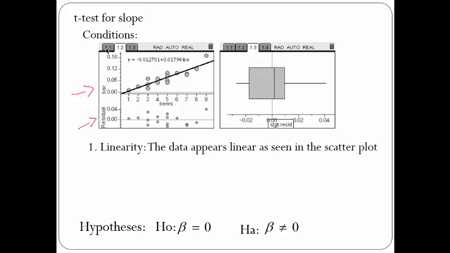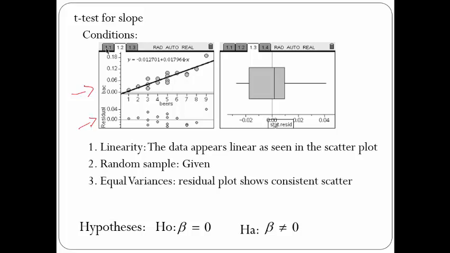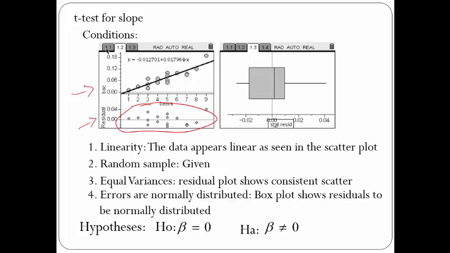That tells us a couple things. One, it looks like it's pretty linear. Look at the scatter plot. Random. We were actually told that we were randomly collecting this data. Equal variance. So look at the residual plot. You can see it right here. That's pretty consistent scatter. And then this last one, the errors are normally distributed.